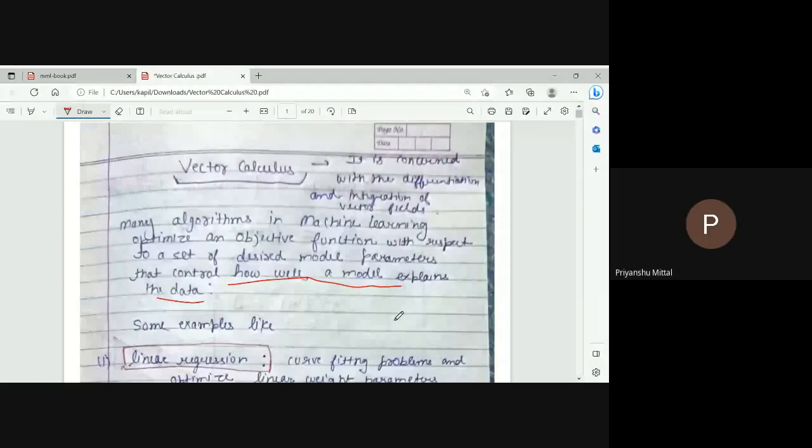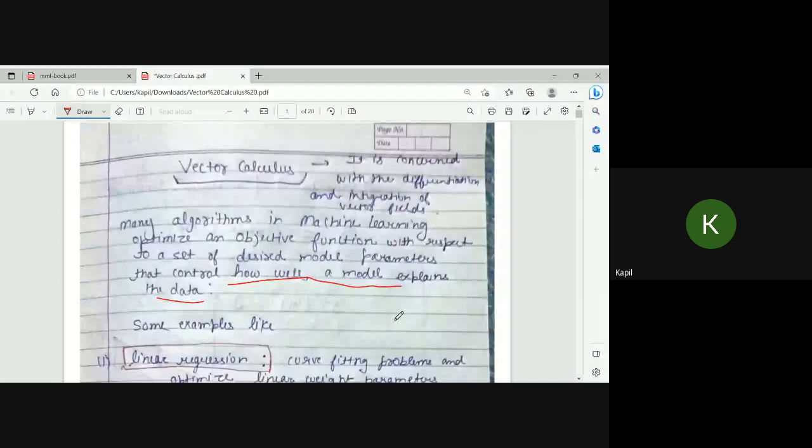Okay. So many algorithms in machine learning optimize an objective function. That's why vector calculus plays an important role in machine learning. Let us see some examples in which vector calculus plays an important role, like linear regression, curve fitting problems, and optimizing linear weight parameters. The second one is neural networks, which minimize the reconstruction error by repeated application of the chain rule.